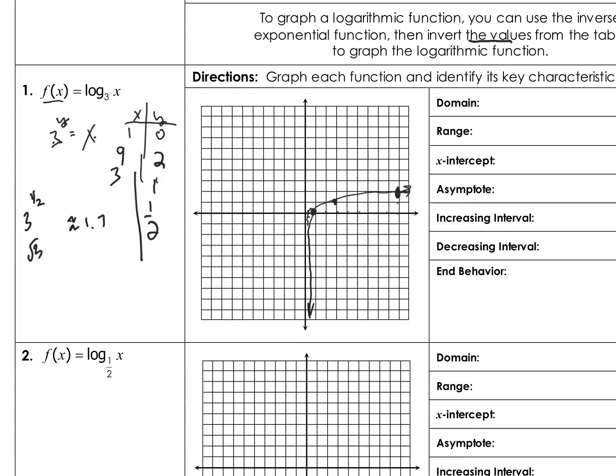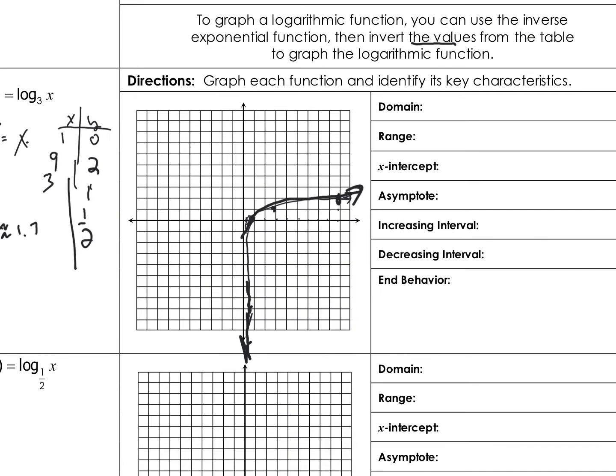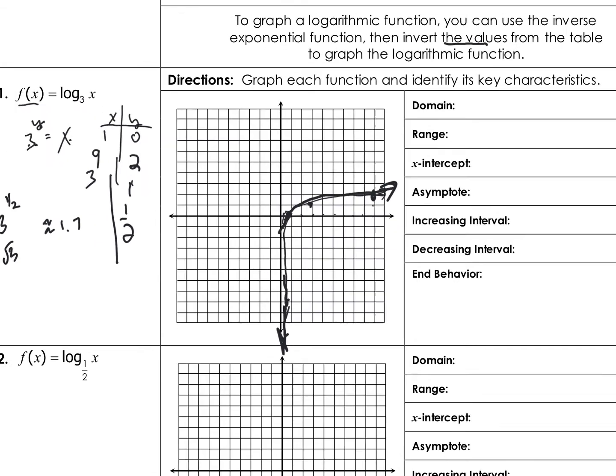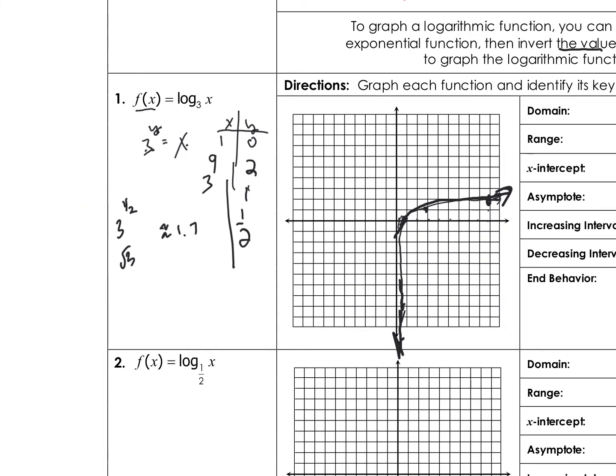Basically, what I said to you is that your log function will be asymptotic to the y-axis. It's going to go up and cross the x-axis, then it's going to increase forever and ever, up and over, up and over. So the domain of a typical log, since there was no shifting left and right, what do I mean?